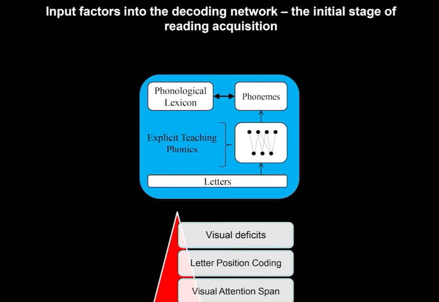And another factor that affects the letter processing stage that has been discussed quite a lot in the literature is visual attention deficits, sometimes called visual span.